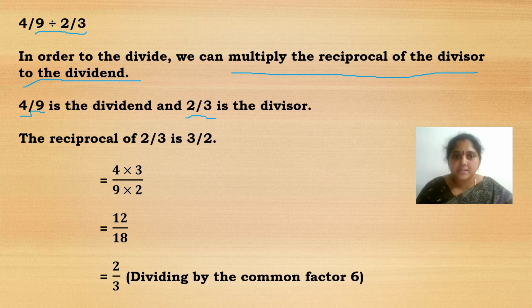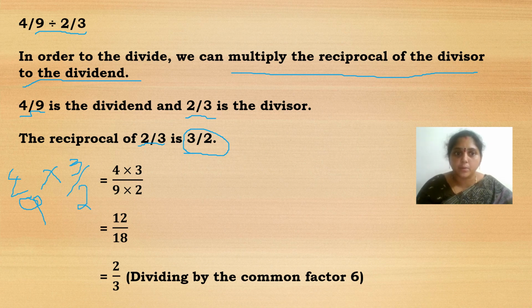Now what is the reciprocal of 2 by 3? It is nothing but 3 by 2. We are just interchanging the numbers. Now what will it become? 4 by 9 will be multiplied by 3 by 2, right? This is what we are going to get now.